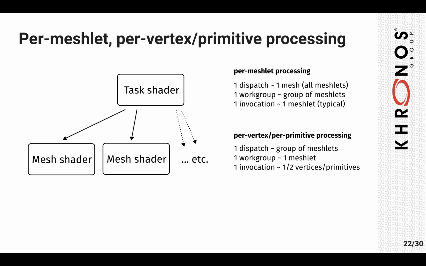So basically, each task shader can then emit as many mesh shader workgroups as needed. But the benefit of this approach is that if you do coarse culling in your task shader, you don't have to launch any mesh shaders for that particular meshlet, which saves a lot of compute resources in your GPU.